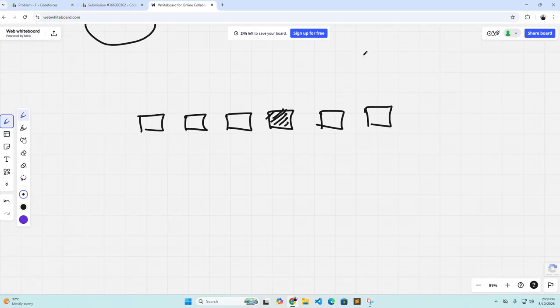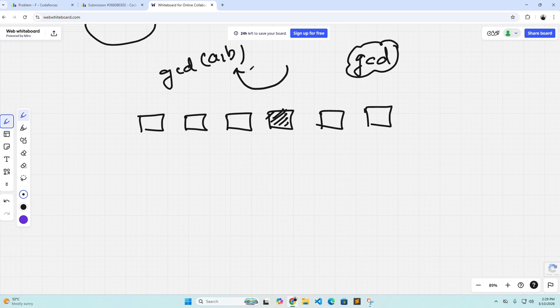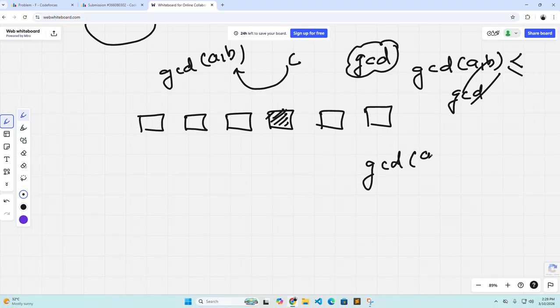As we are computing GCD, we can observe that if we have the GCD of A and B and we bring in another integer C, then the GCD of ABC must be less than or equal to the GCD of AB.